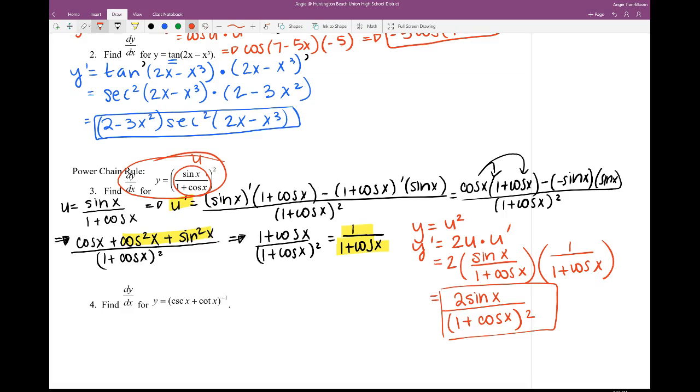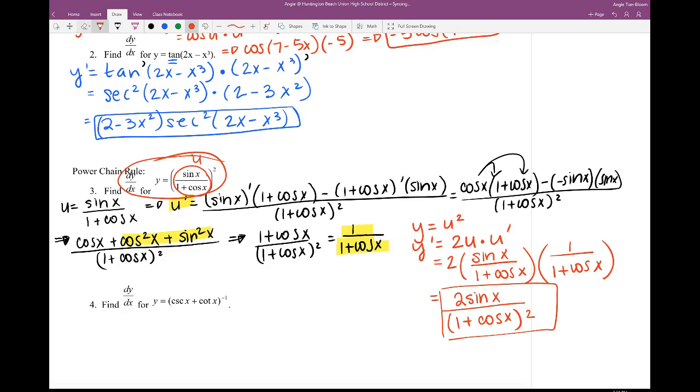Now, the question that most of us will come up with is this right here. Okay, so y equals u squared. Y equals u squared. So the derivative of that is y prime is 2u, but I also need to multiply by u prime, okay?